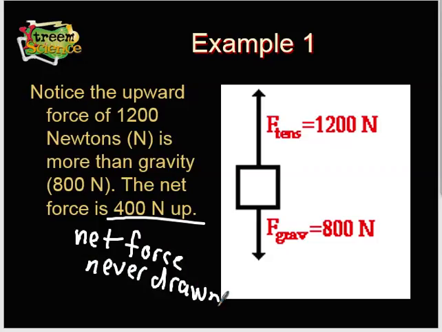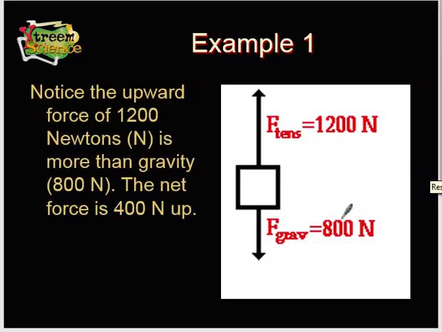That's because it's not a real force. It's just how much force does the object end up actually feeling that will affect its motion. All right? So net force is never drawn. Don't ever include that one. All right? But you can see what we did. We subtracted the two forces. They were opposite to each other.